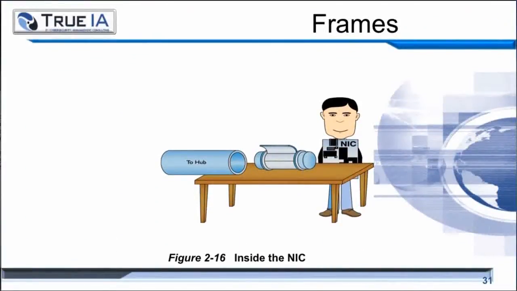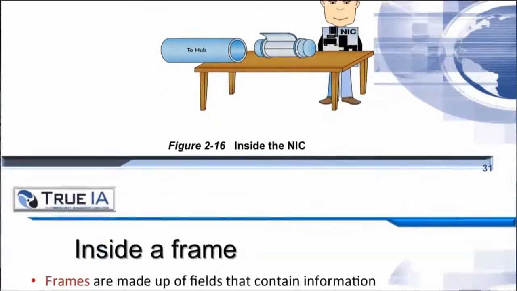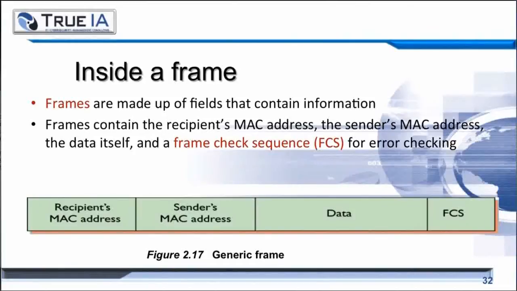So say hi to our friend Nick. Nick now needs to send data across the network. So Nick has a job to do, and as we continue, we're going to help Nick out. It all starts with a frame. Frames are made up of fields that contain information.